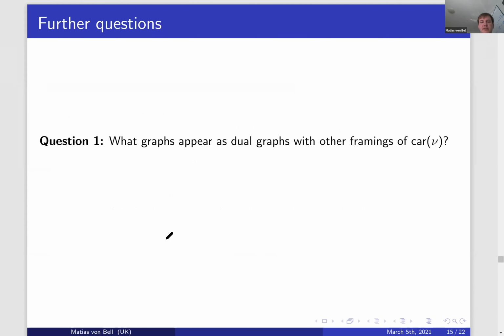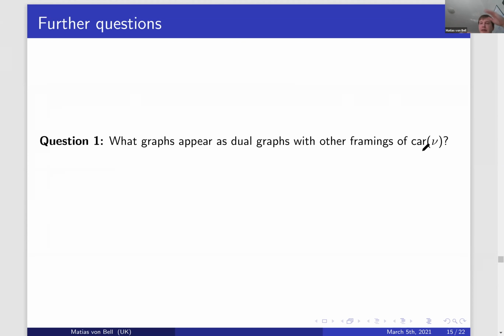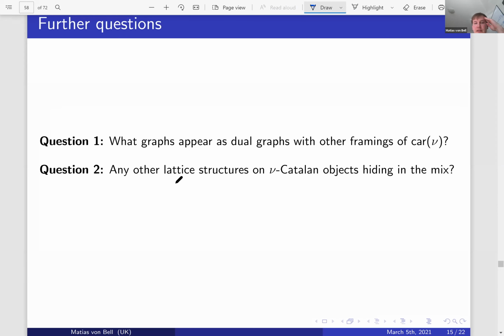But some further questions that I wanted to end with: I still have, what graphs appear as dual graphs with other framings? We picked two very natural ones. We could have picked any variety of framings and different graphs might pop out. So in particular, are any of these lattice structures on nu-Catalan numbers or on nu-Catalan objects? Are any of them hiding in the mix?